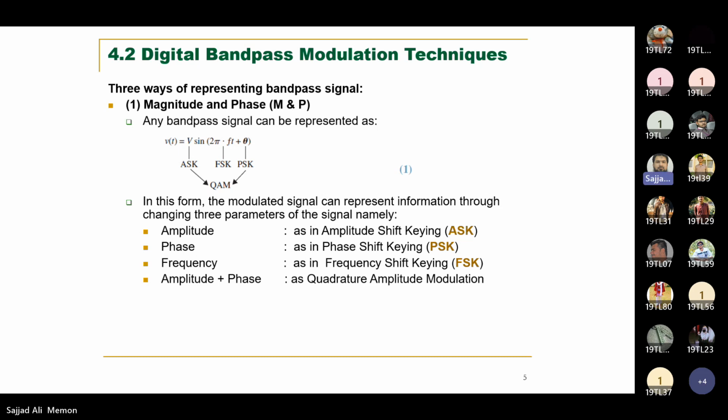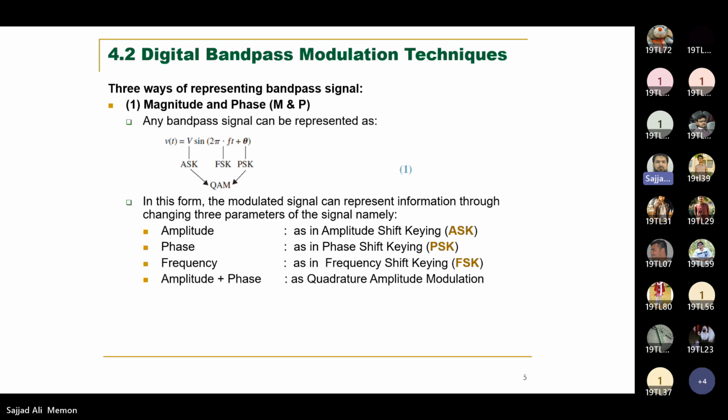Equation 1 is v of t is equal to V sine 2 pi f t plus theta, where you can see these are the characteristics that we can vary in accordance with the message signal and superimpose that message signal over the carrier to transmit our information.